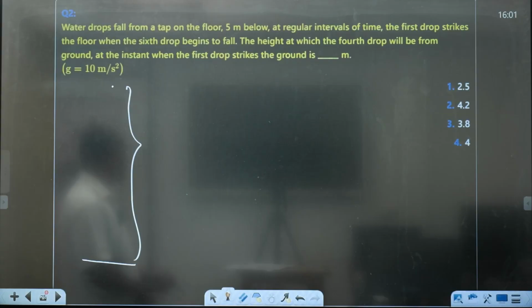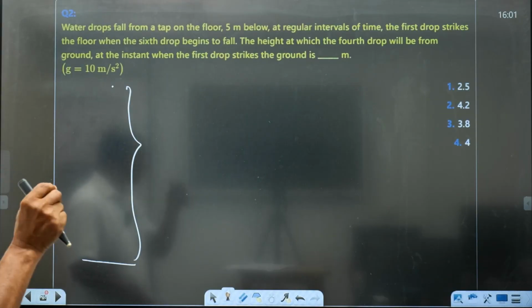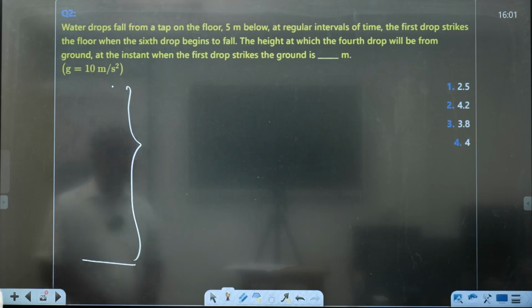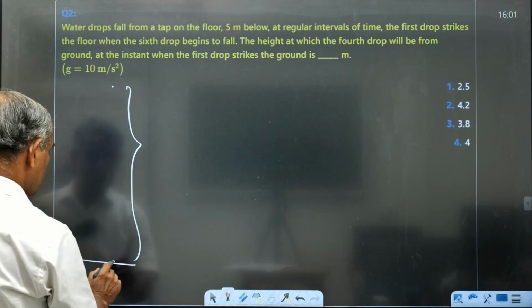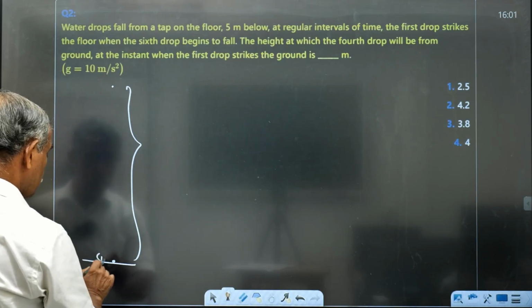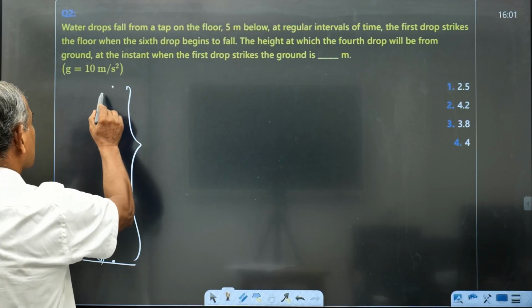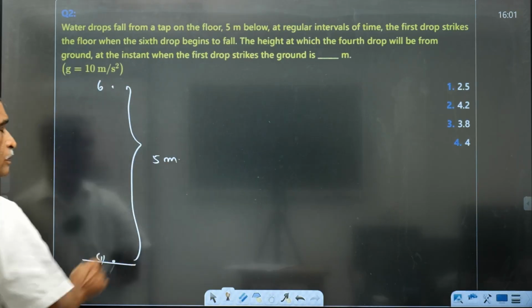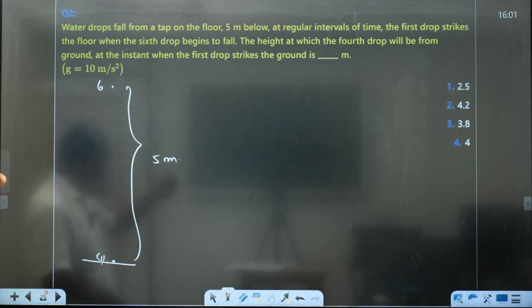The height is equal to 5 meters. Now we are going to take a flash photograph of the situation. That is, the first drop is here, and the sixth drop is here, and this is 5 meters. The sixth drop is just going to be released, and the first drop hits here.